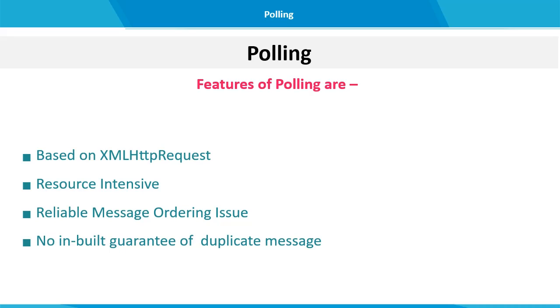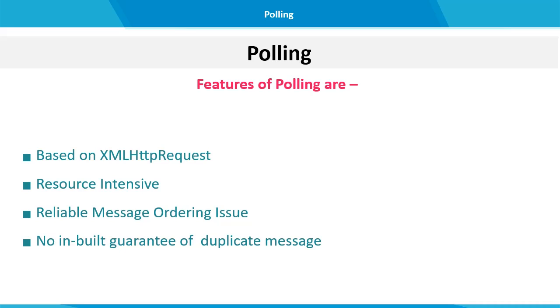There are two types of polling: one is basic polling and the other is long polling. Basic polling is also known as AJAX polling. The client requests the server in the same way and the server responds immediately, with data or without data.